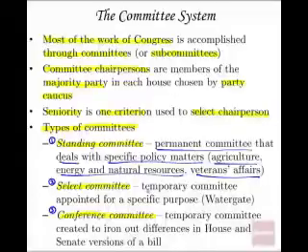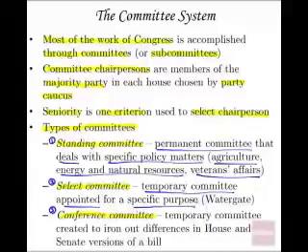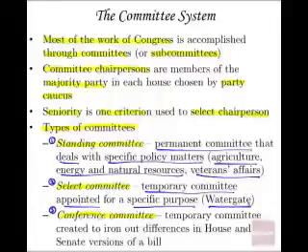Okay, another type of committee is the select committee, and this is a temporary committee that's appointed for a specific purpose, usually when the president has not done something good. For example, Watergate, or during the Monica Lewinsky affair, where actually, in this case, an independent committee was appointed.